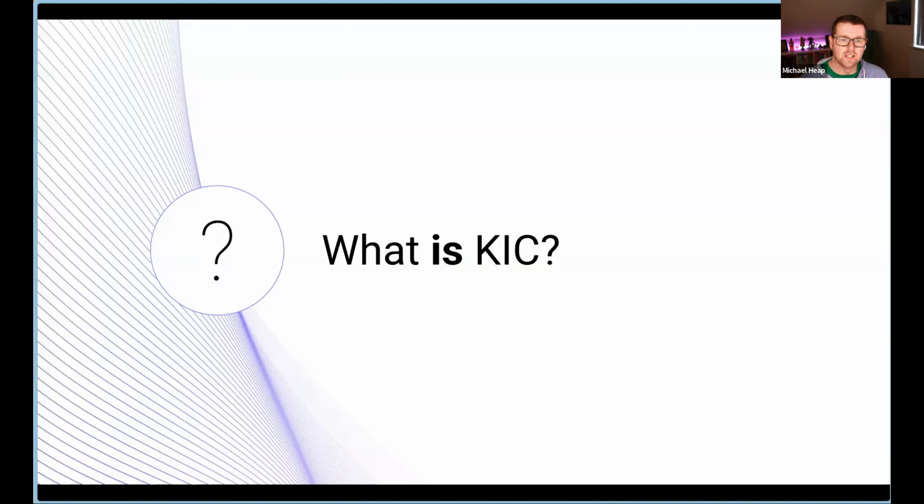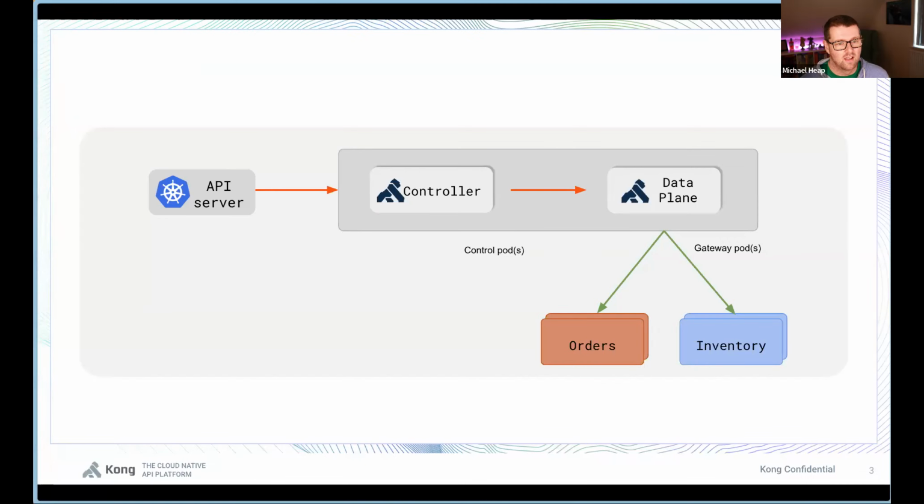So let's start right at the beginning. What is KIC? The way that requests get routed within a Kubernetes cluster is requests come in, they hit an ingress controller, and then they get routed to internal services. And what Kong Ingress Controller does is it sits there and reads your configuration from the Kubernetes API server.